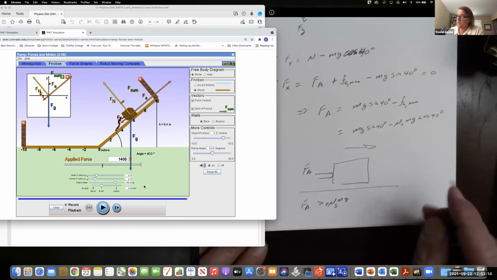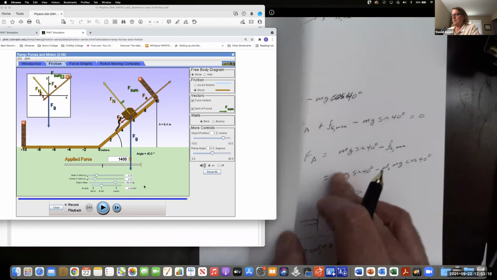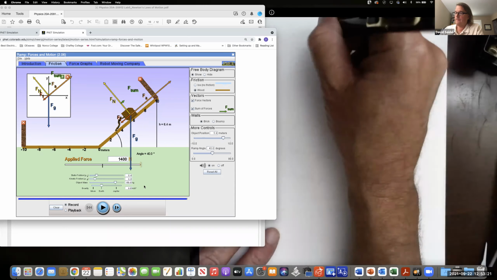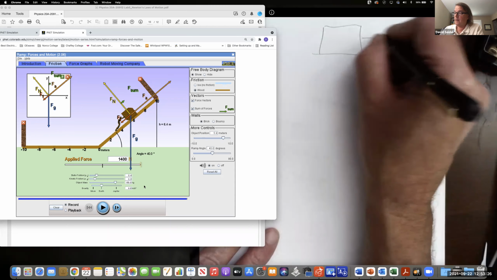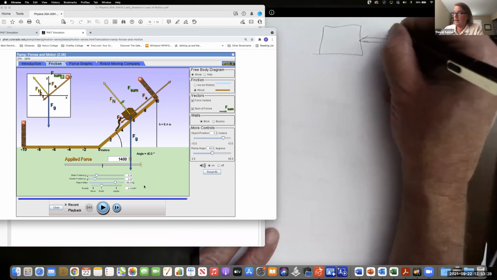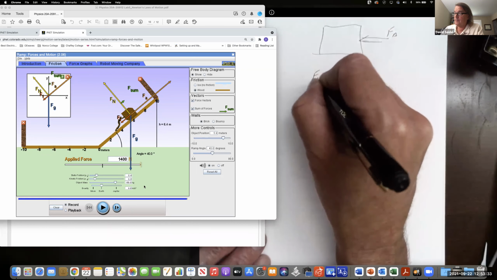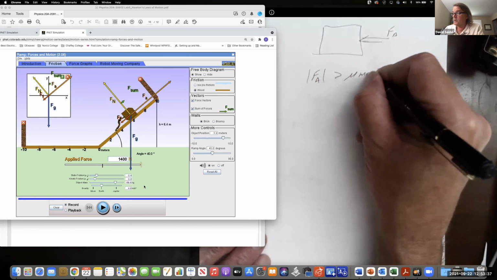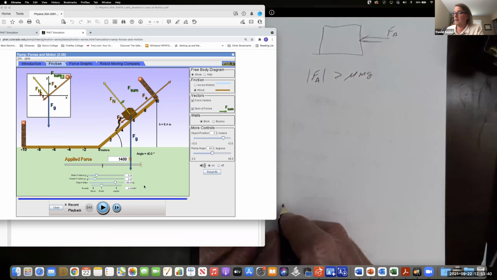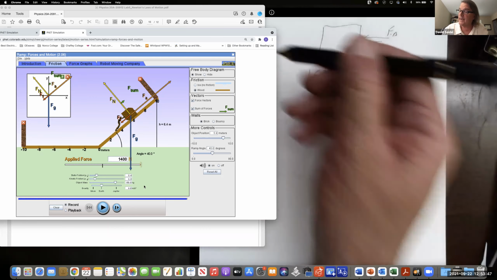But if I want to go to the left, I want to start moving this way, I've got to push from this side. F applied. And my F applied magnitude has to be greater than mu mg. So I have to have a bigger force applied than mu mg, but now it's negative.